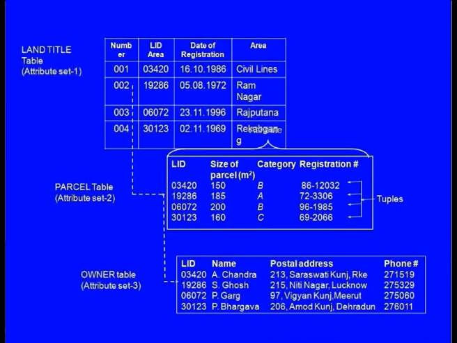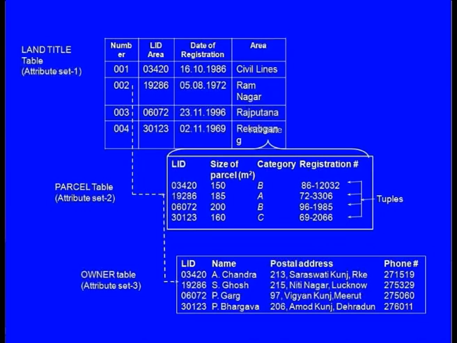we can further categorize the information for each of the land titles, wherein we can introduce attributes regarding the category under which this particular land falls, or what the registration number is.